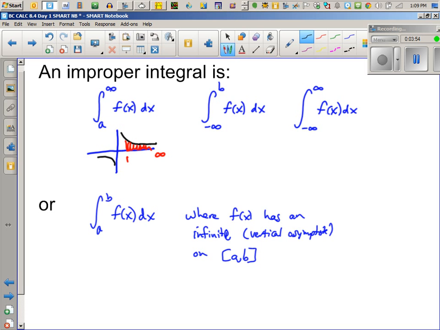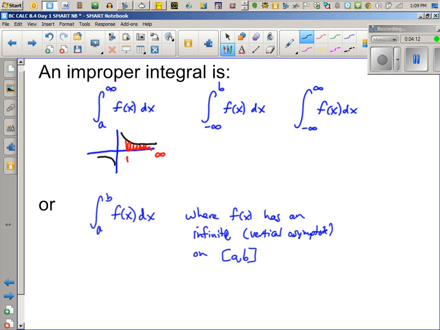Now, I'm not saying there's no answer to this. Actually, in some cases, this red area does actually exist. What I'm saying is this is improper because of what it's asking for. The second one is improper for the same reason, and the third one's improper for the same reason.